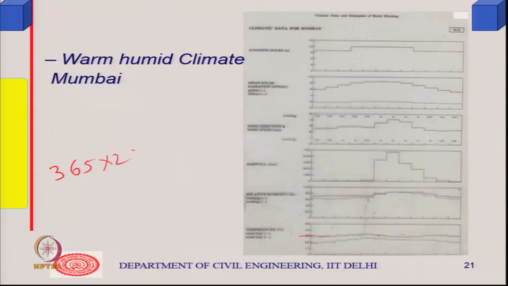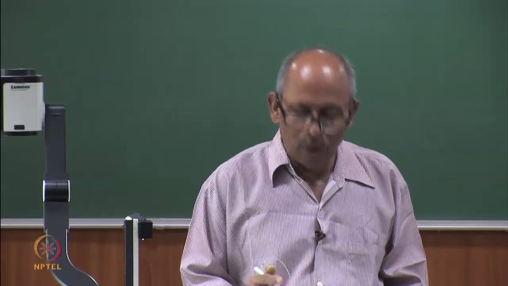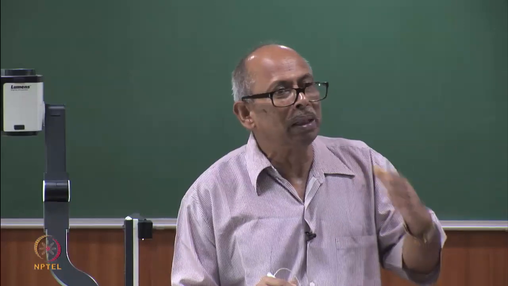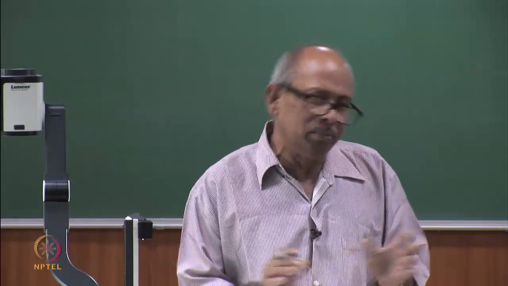What is 8760? 365 into 24. That many hourly temperatures, or if you go further, minutes and seconds, would be really messy to handle. So, what we do is take the mean monthly temperature, and maybe monthly maximum and monthly minimum, but for climatic understanding the monthly mean is good enough.